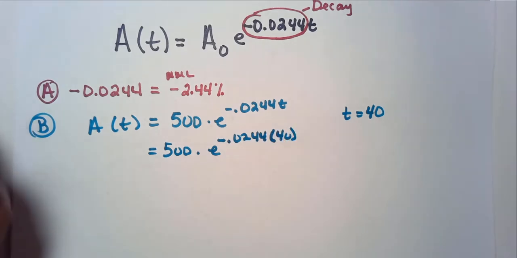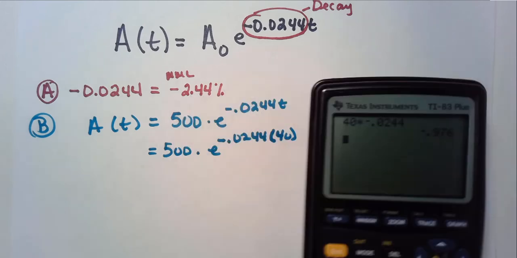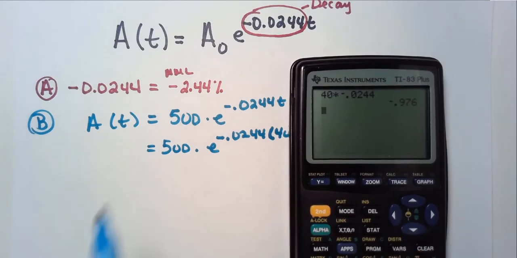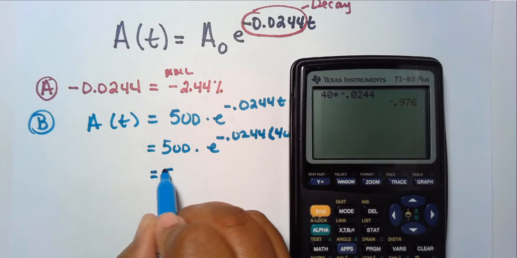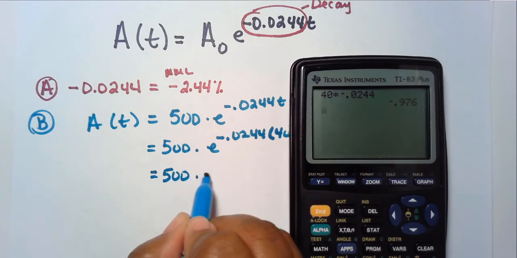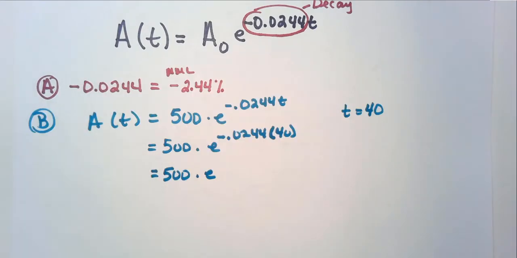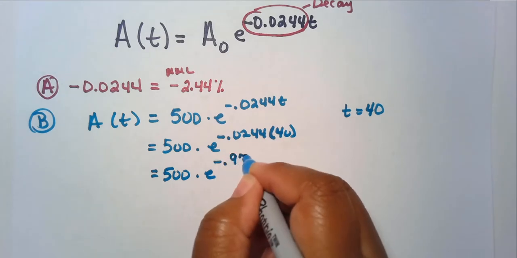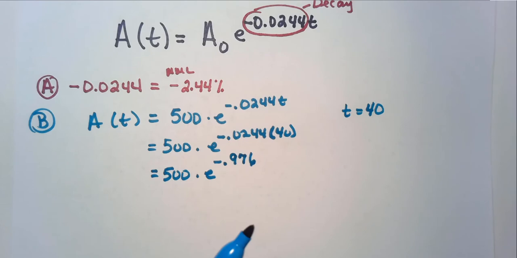And let's multiply 40 and negative 0.0244. And if you can see that, we have 500 times e to the negative 0.976.